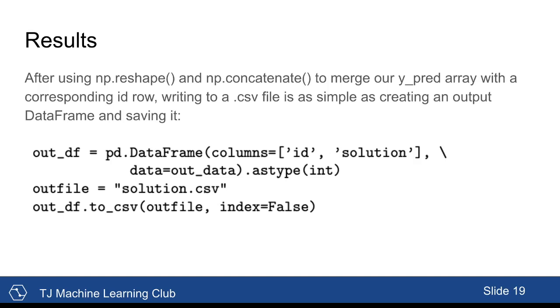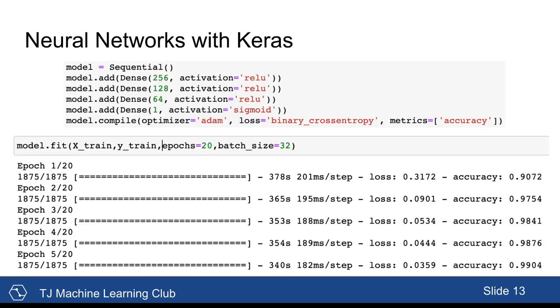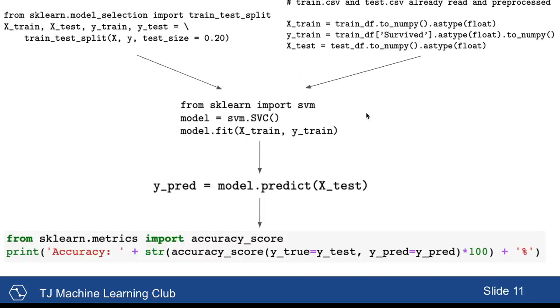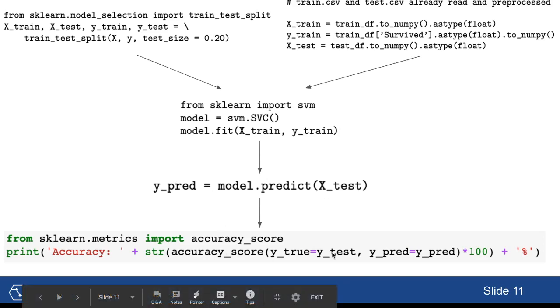Okay, so moving on, if you were doing the actual neural network competition or the decision tree random forest competition that we have at the TJ Machine Learning Club, we want to get our output in some sort of CSV file, right? So after we do this model.fit stage, or as we were down here, this model.predict stage, there is no accuracy score we're doing.